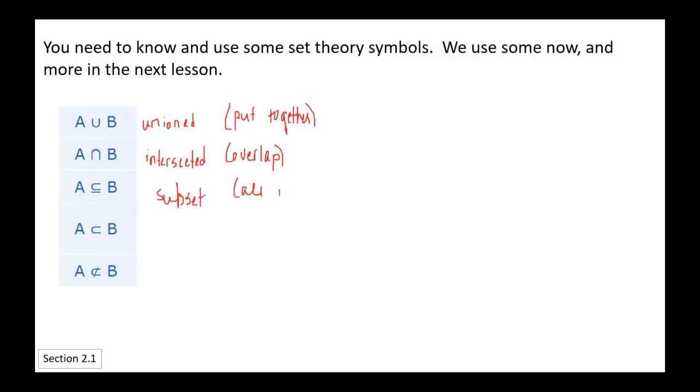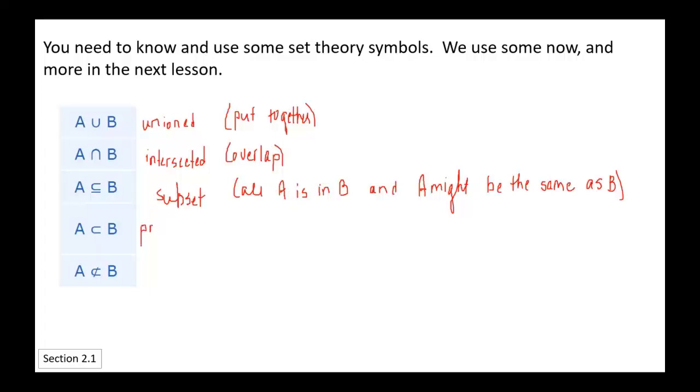And it means that all A is in B, and A might be the same. B might not have anything extra. It's kind of like or equal to. But all A is in B, and A might be the same as B.